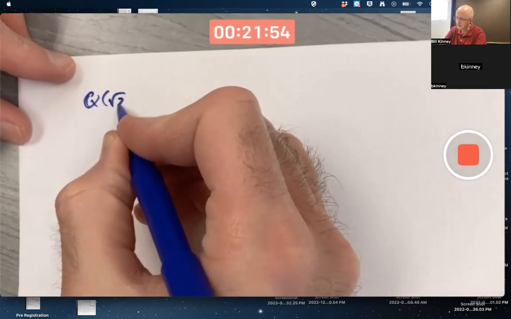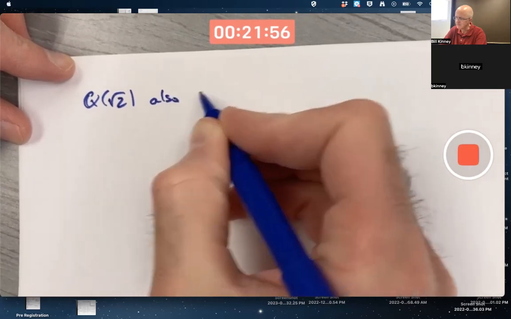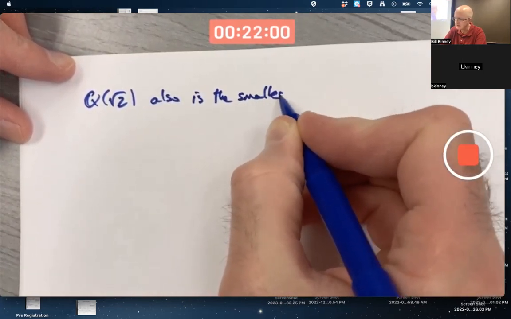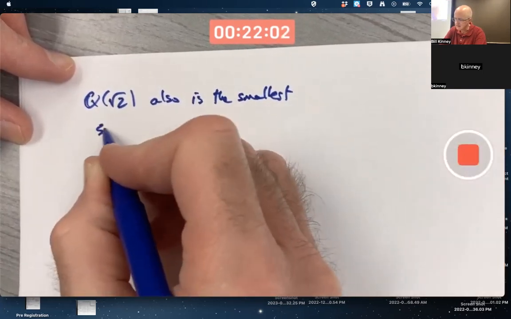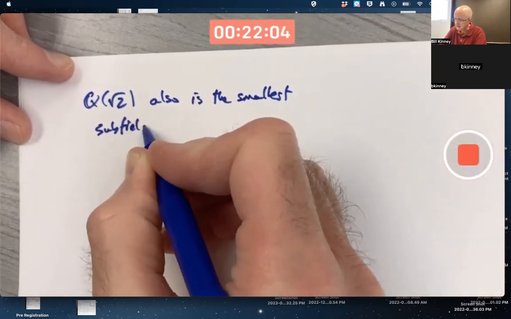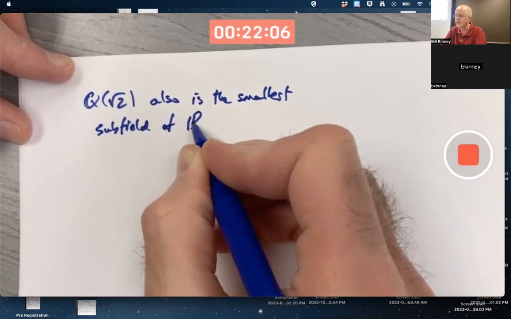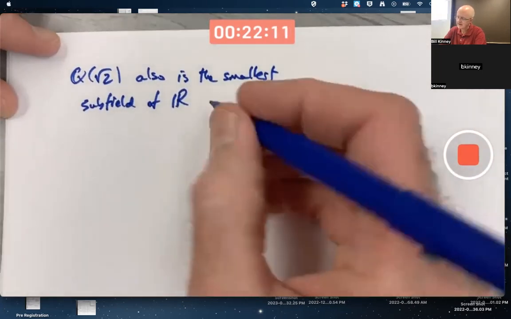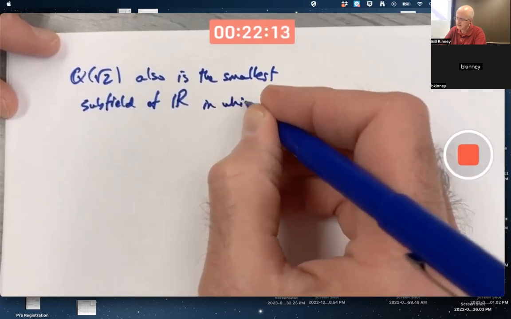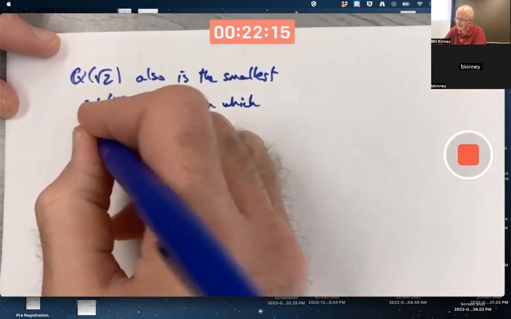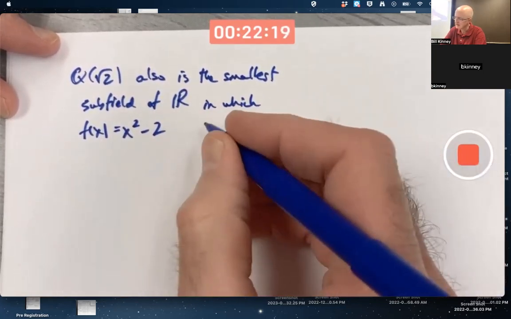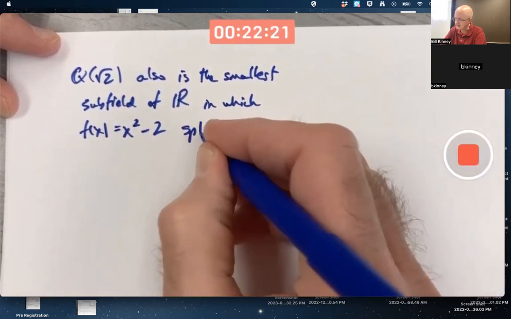Q adjoin square root of 2 also is the smallest subfield of the reals or the complexes in which the polynomial f of x equals x squared minus 2 splits.